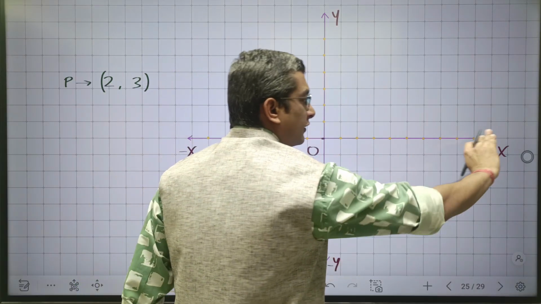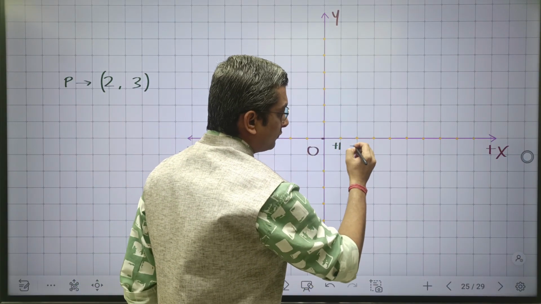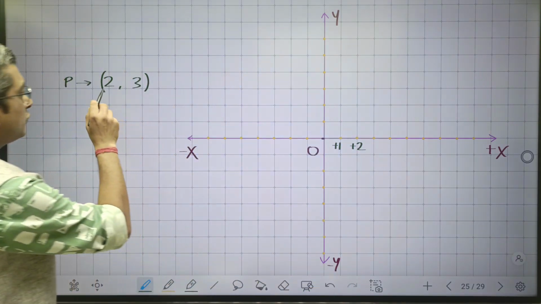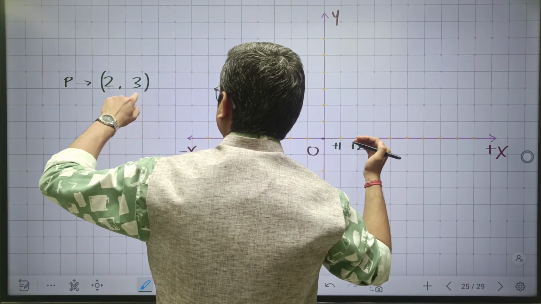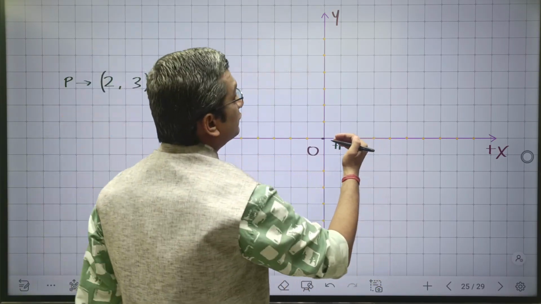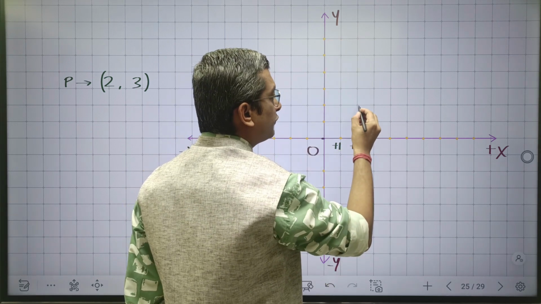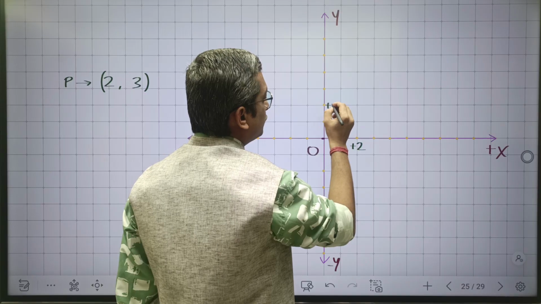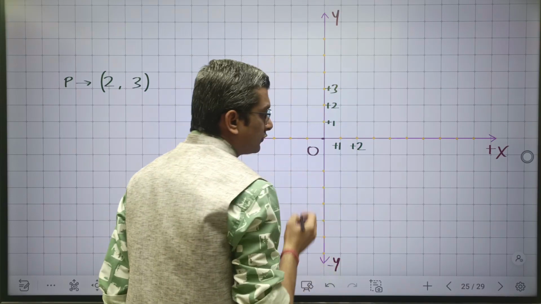So we move along the x-axis by plus 2. This is plus 1 and this point is plus 2. So we move along the x-axis a distance of plus 2, and after that we move along the y-axis towards plus 3. This is the positive y-axis, upper side, so plus 1, plus 2 and plus 3. So the location of this point is as follows.